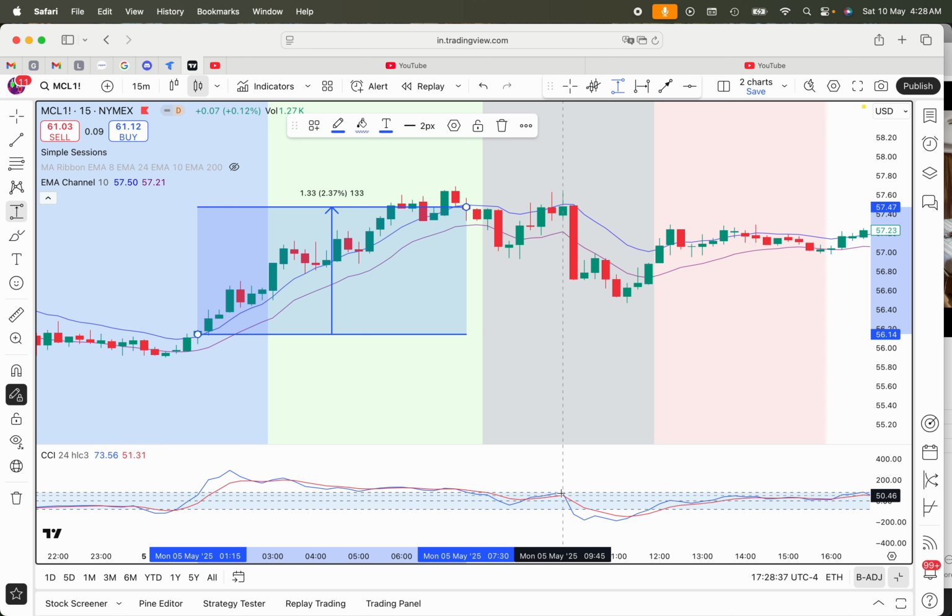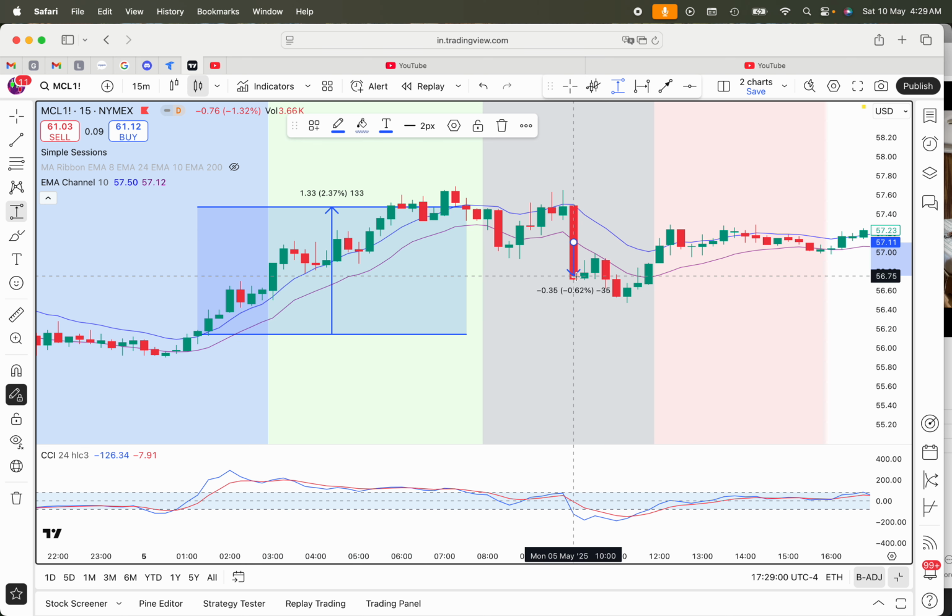It didn't quite, have a look over here where the numbers are on the left hand side, it didn't quite get up to the 80 zone into here, and then this massive red bar came and it broke through the low of the 10 EMA, and that's your entry. So you can see how easy that was to enter.